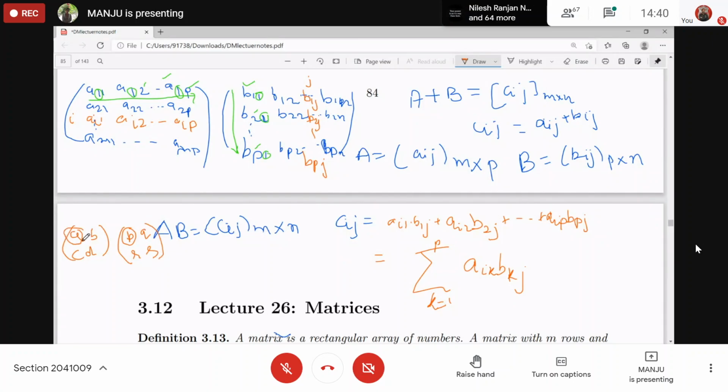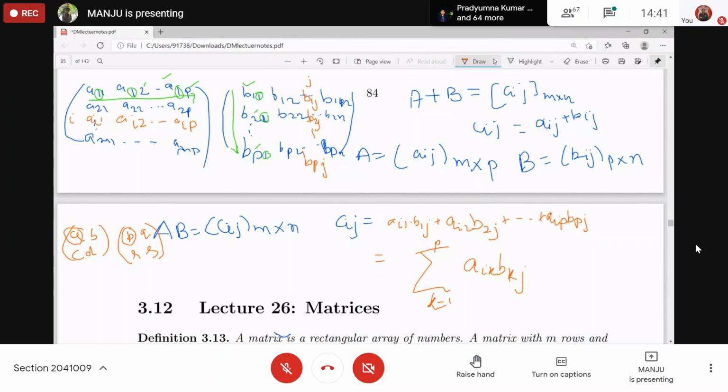For that, Ai1 will be the first element in the ith row, right? And B1j will be the first element in the jth column of the B matrix, correct? So those will be multiplied, added with the second, right?